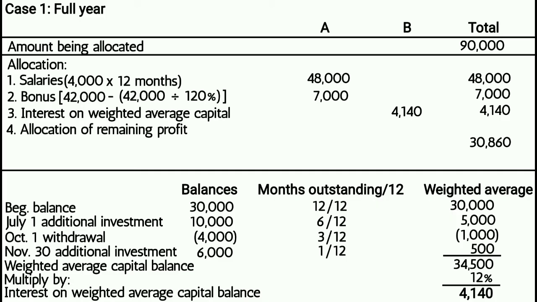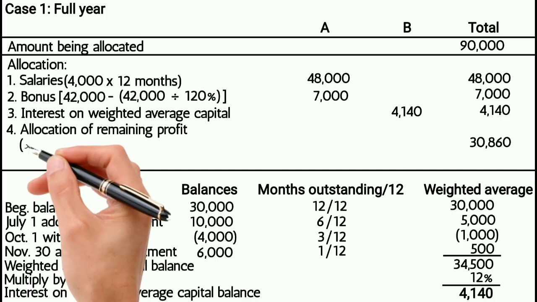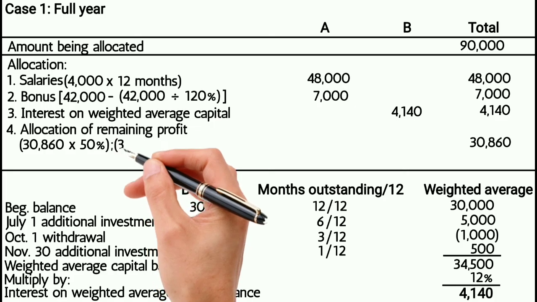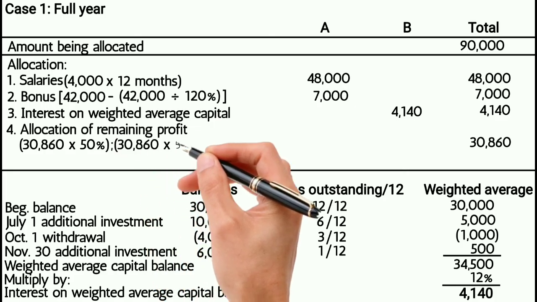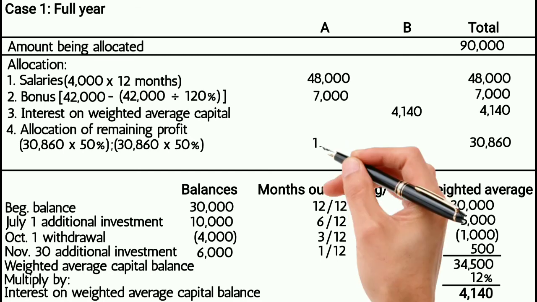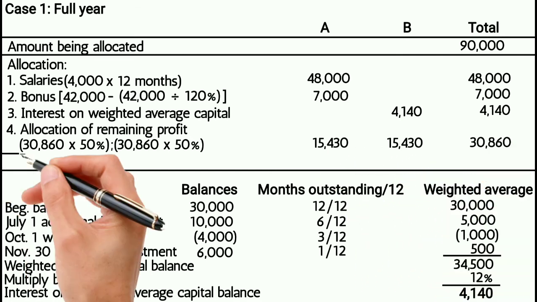That means yung 50% ng 30,860 mapupunta kay A at yung 50% ng 30,860 ay mapupunta kay B. 30,860 times 50%, of course, that is equal to 15,430.